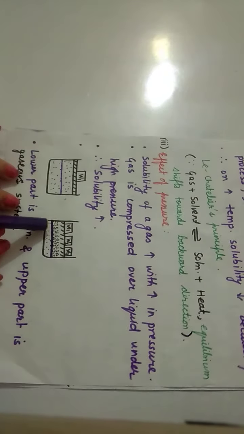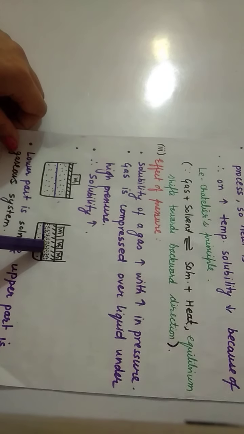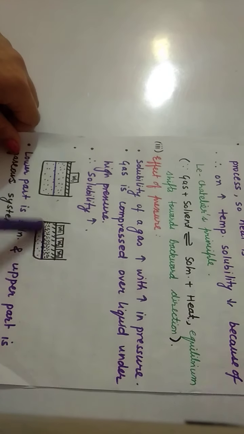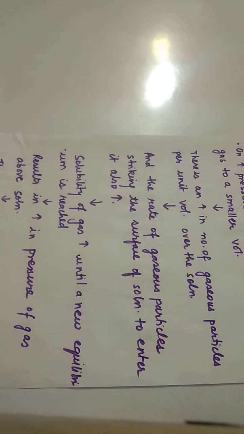And once a new equilibrium is reached, that is, no further amount of gas or the solute will be able to enter the solvent, then that will give you the solubility of gas in a solvent or in a liquid on increasing the pressure, thereby increasing the solubility.